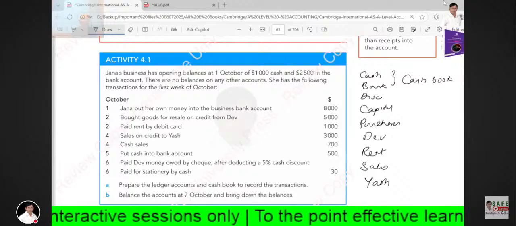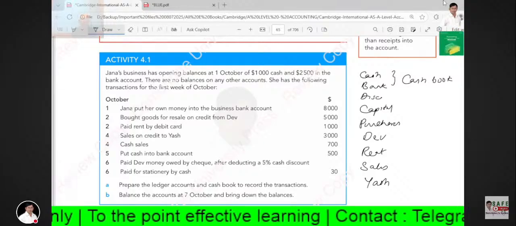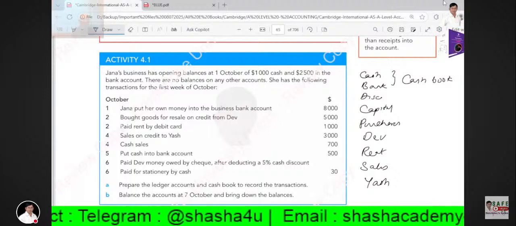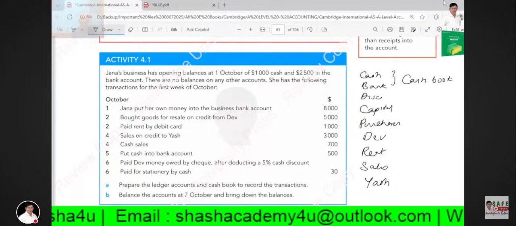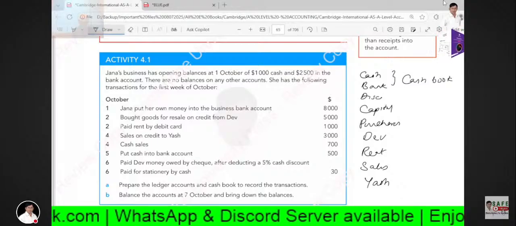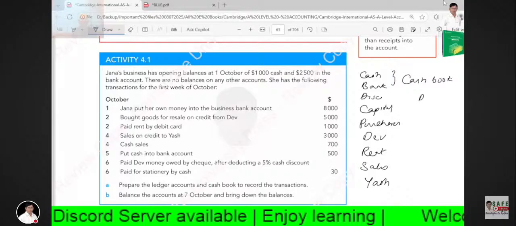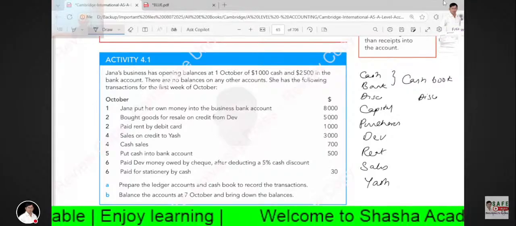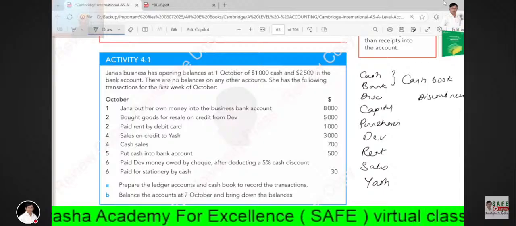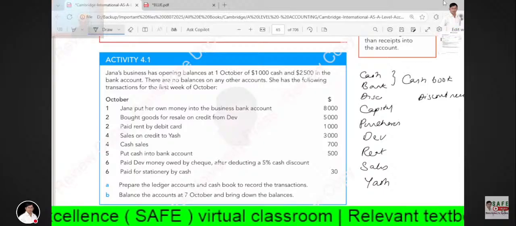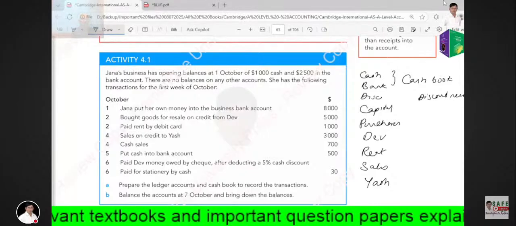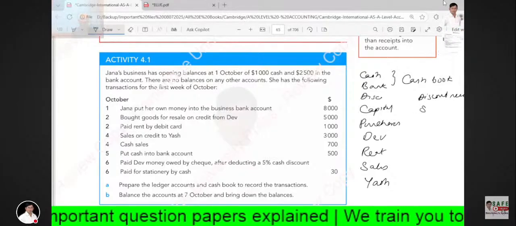Put cash into bank account: contra, so that we go to the cash book itself. Paid the money owed by check after deducting 5% cash discount. So you have received cash discount: put in discount received account. Then in bank. For example, you have paid for stationery by cash: stationery.